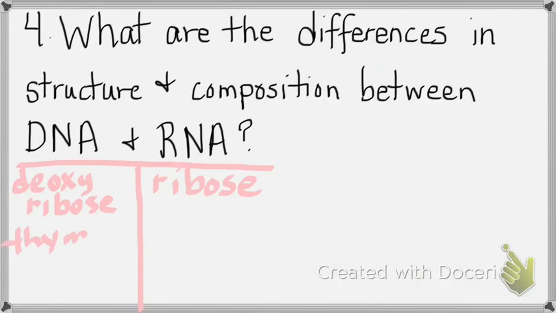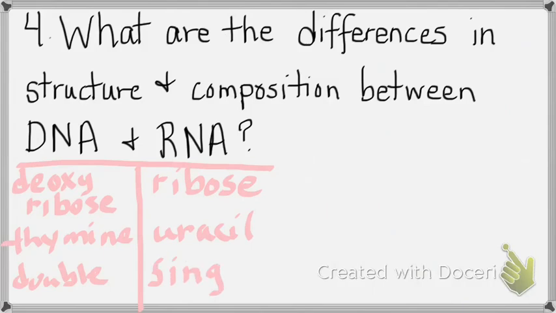DNA has thymine, or the letter T, and uracil, or the letter U, for RNA. Monica's right. DNA is double-stranded. I'm running out of room, so you could put stranded on there.